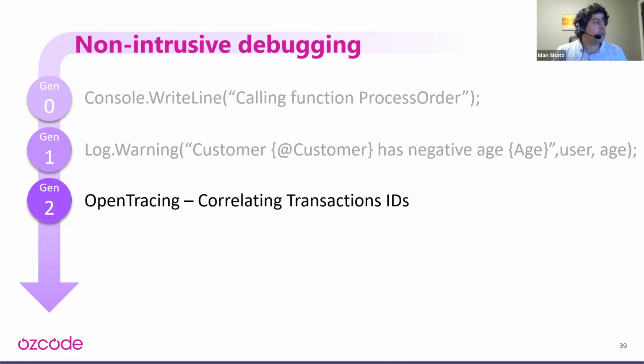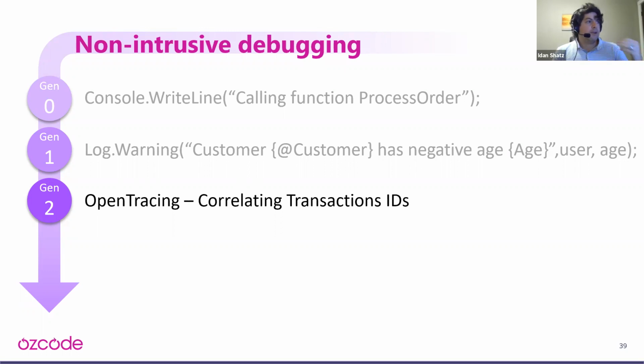Now, the main problem of all those techniques, and that is, I think, the ultimate paradox here, is that if you knew what you want to log in order to solve a bug, you already solved the bug, because you know what you want to debug. And that is the main issue.